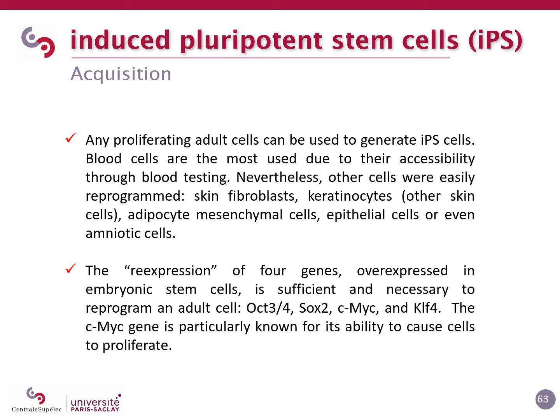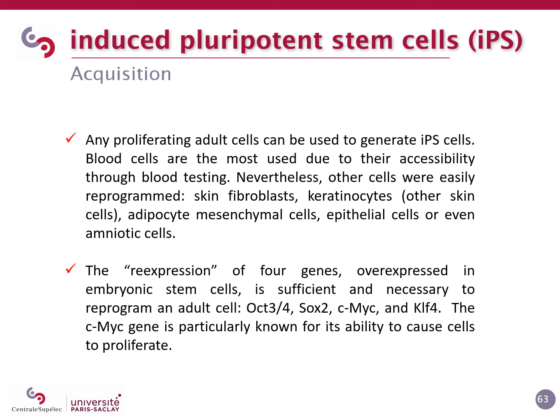Any proliferating adult cells can be used to generate iPS cells. Blood cells are the most used due to their accessibility through blood testing. Nevertheless, other cells were easily reprogrammed: skin fibroblasts, keratinocytes, adipocyte mesenchymal cells, epithelial cells, or even amniotic cells.